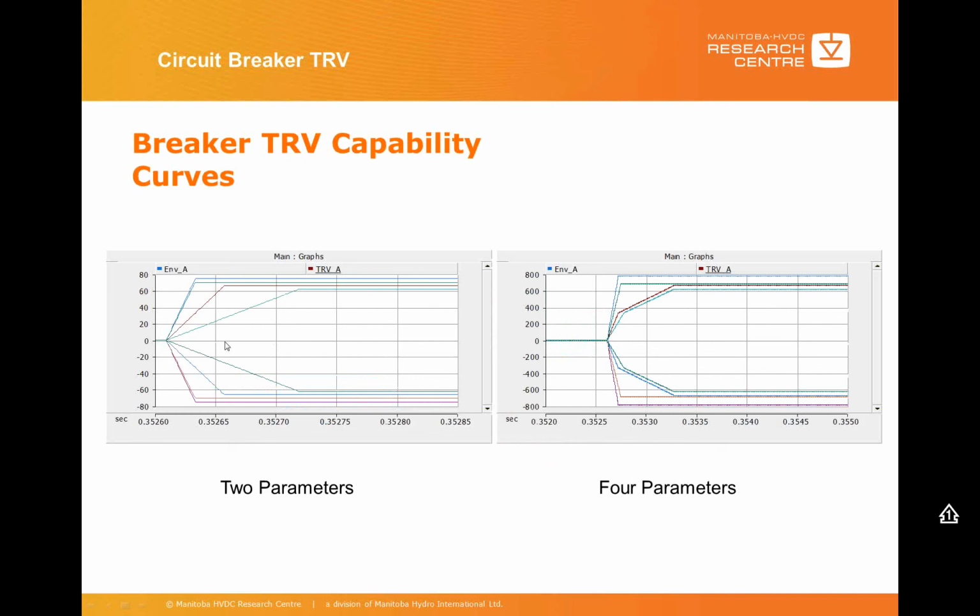So if the percentage of the fault current through the breaker is lower, you have a more relaxed envelope. If you have 100% fault current through the breaker, you have a very restricted capability curve.